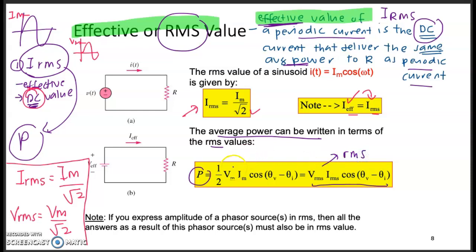But if you use the peak value, you need half Vm Im cosine theta V minus theta I. So when you calculate later, if you use RMS, both need to be in RMS. If you choose to use Vm and Im, both need to be peak. They need to be in the same unit. You can't mix one Vm with one Irms when you want to calculate the power.